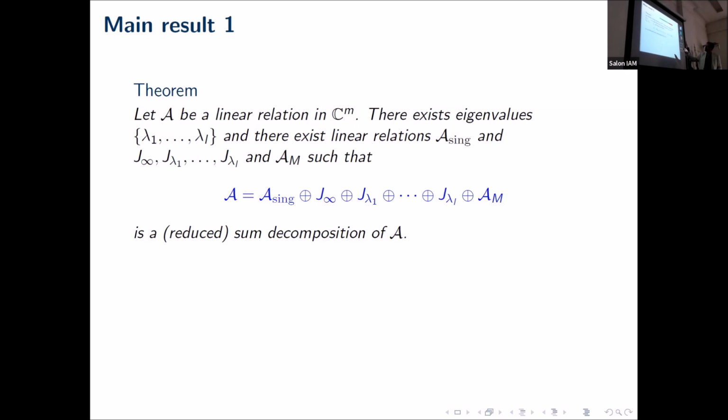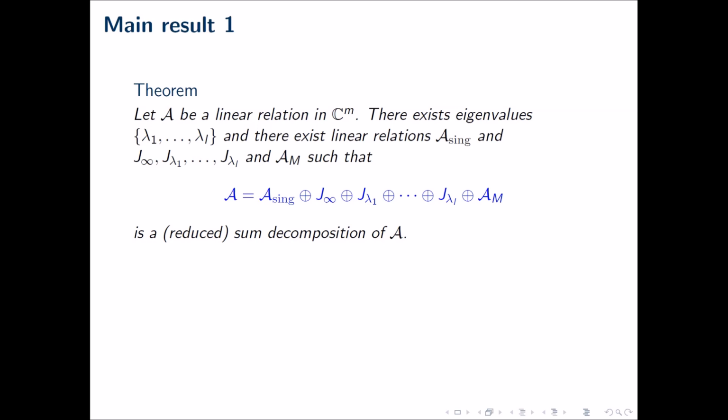This looks like a Jordan. These are Jordan blocks, classical Jordan blocks, corresponding to specific eigenvalues. So in this sense, our decomposition into this, and this stands for direct sum, is a generalization of Jordan canonical form.